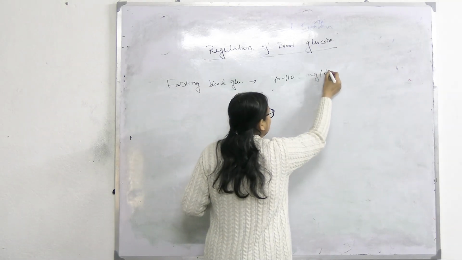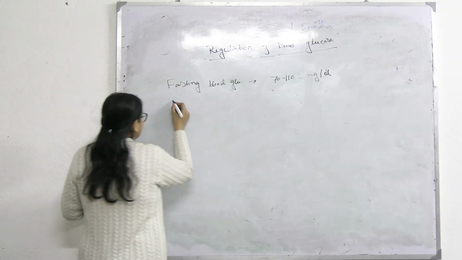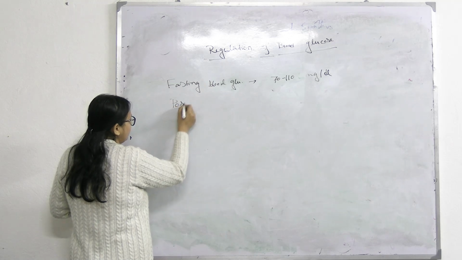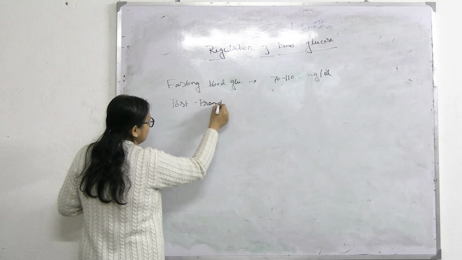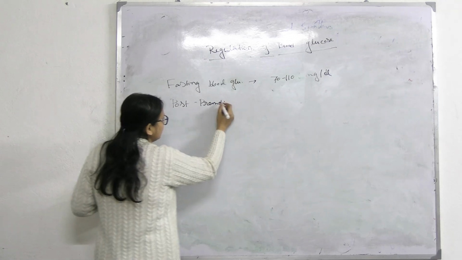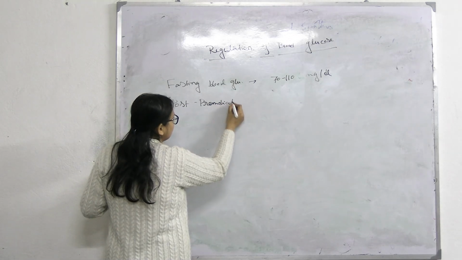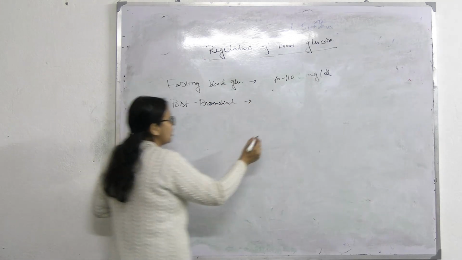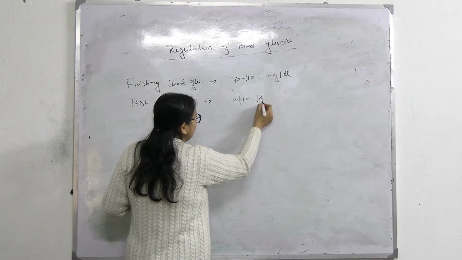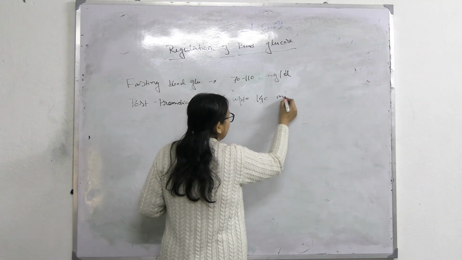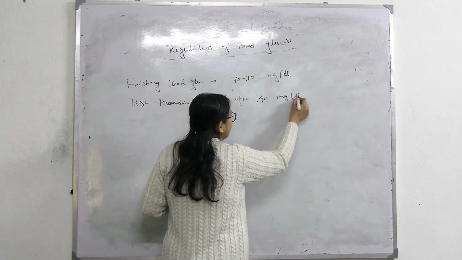Milligram per dl. And for postprandial, up to 140 milligram per dl.